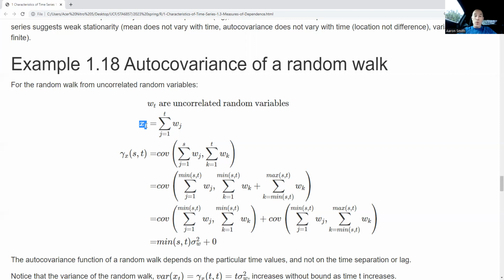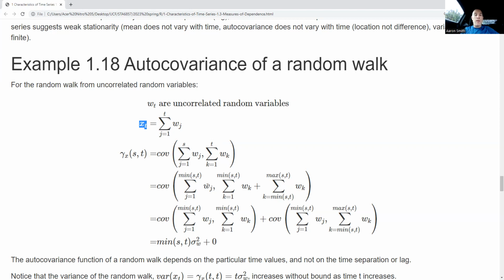To make things easier, I'm going to make the assumption that the first one is the smaller one. So we have two different times, S and T, where one is greater than or equal to the other.